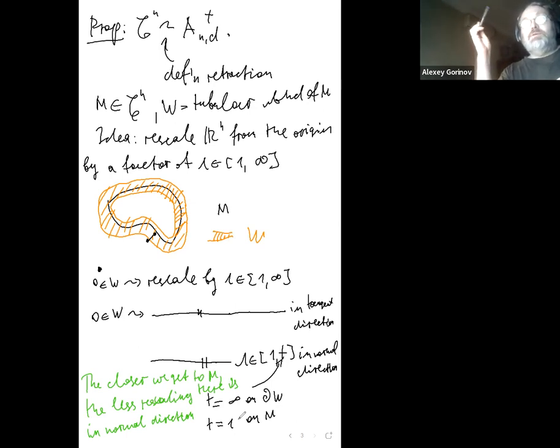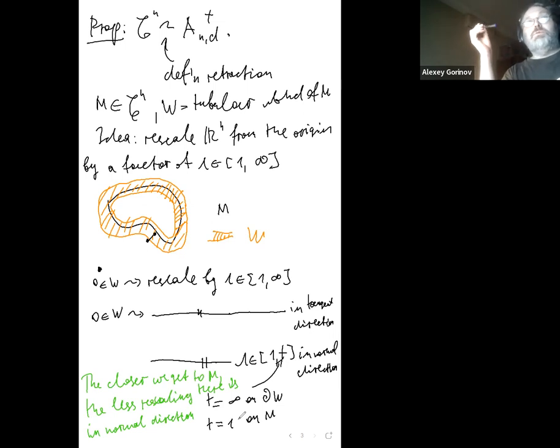Now, does any of this make any sense? If we take an element of ADN, what happens when we take an element of ADN?